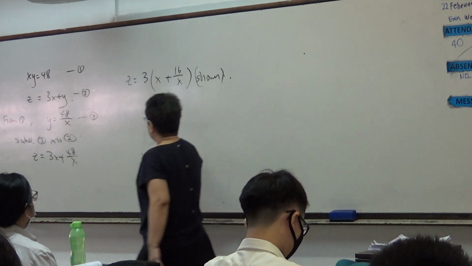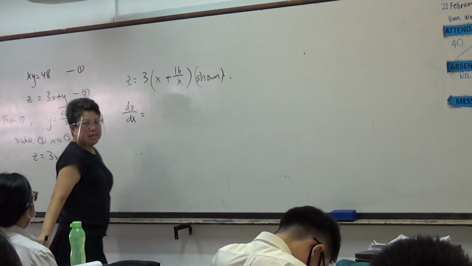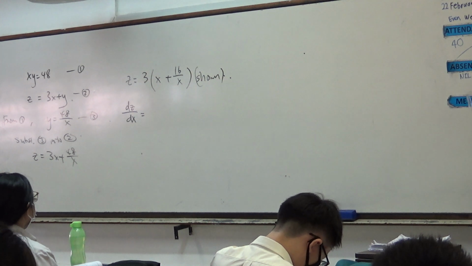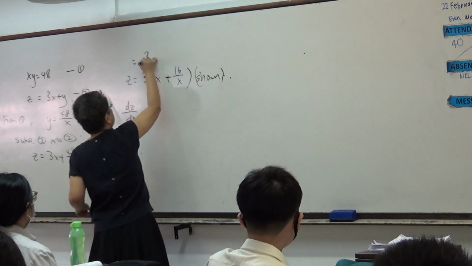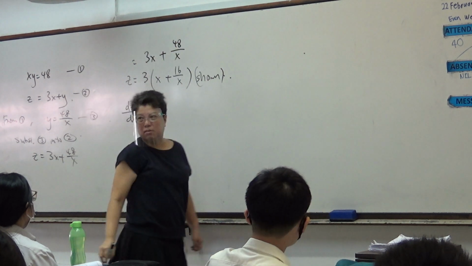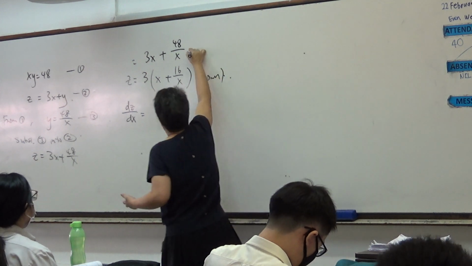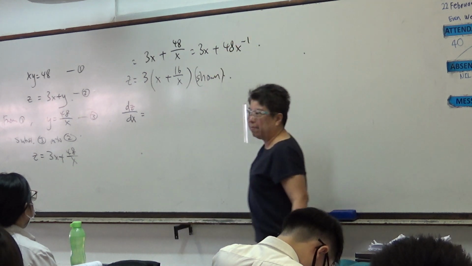Okay. That means I must do dz/dx. Now, do you all agree that if I differentiate, this one is easier, then I put a product. I always don't like the product, but can you please rewrite this like that?